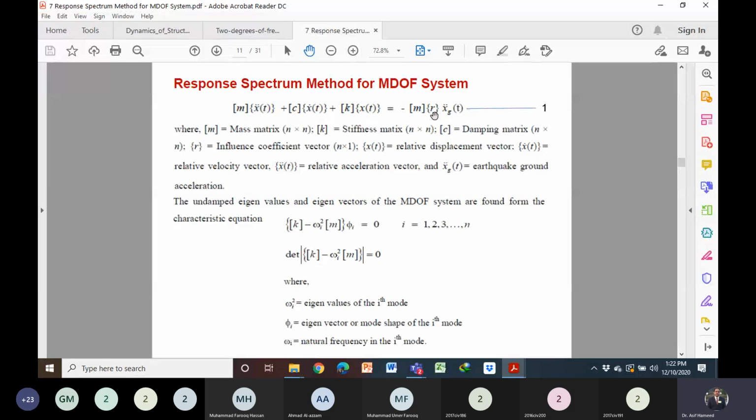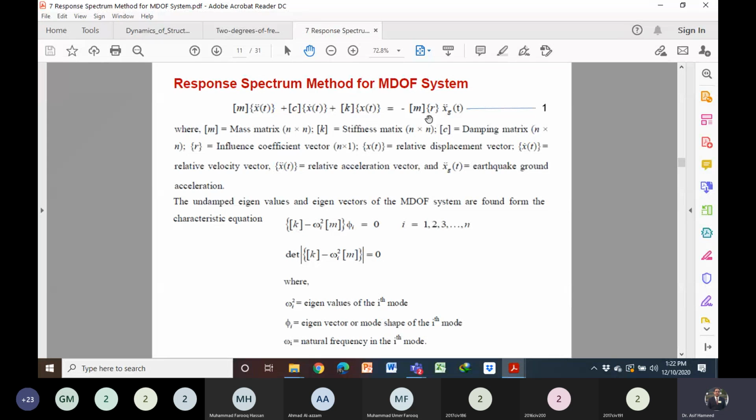This one we will discuss later, then we will solve the example. If we have an inertial force because of a particular force, then the influence coefficient vector will be equal to 1.